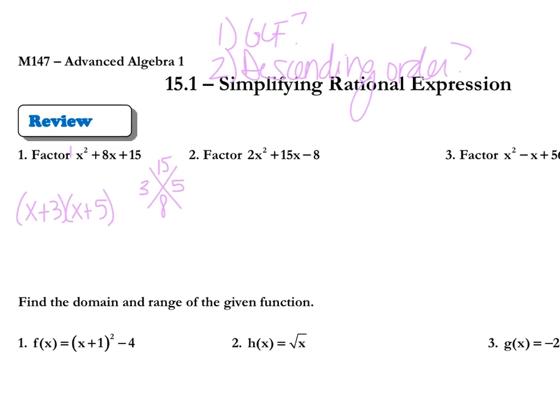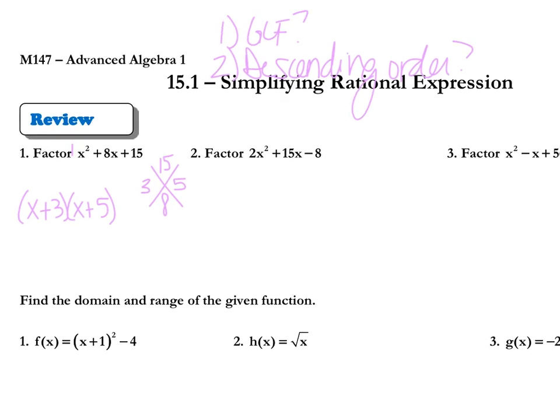If we take a look at the second example, this one does not have a GCF, nor does it need to be rearranged. But do notice that A is bigger than 1, so we have to do bottoms up. So negative 16 and 15. The two numbers that are going to work are 16 and negative 1.